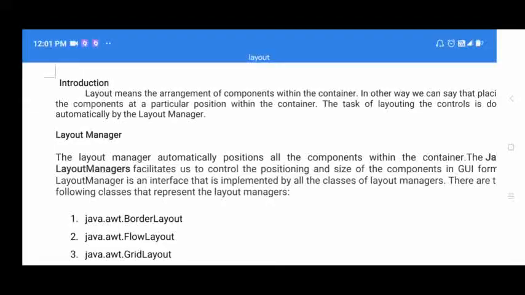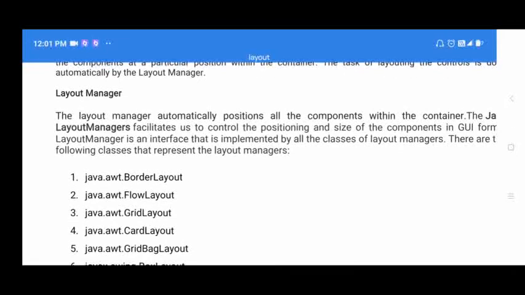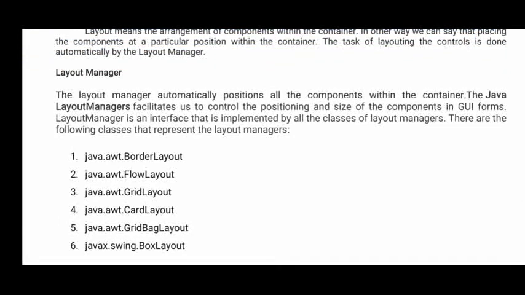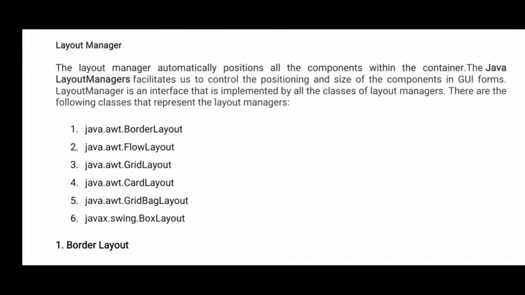And in Java, layout is possible by using a layout manager. A layout manager is also like a class. It automatically arranges and positions the elements. Here you can see the definition: the layout manager automatically positions all the components within the container.